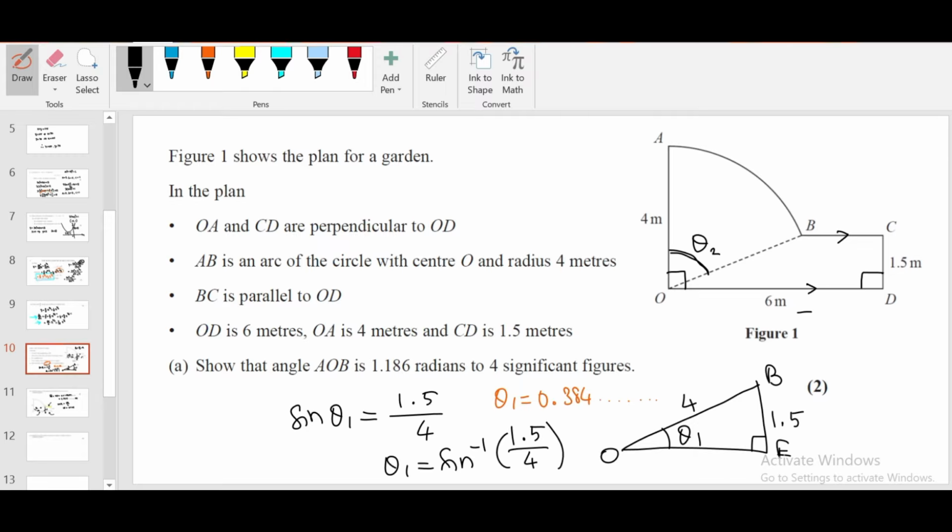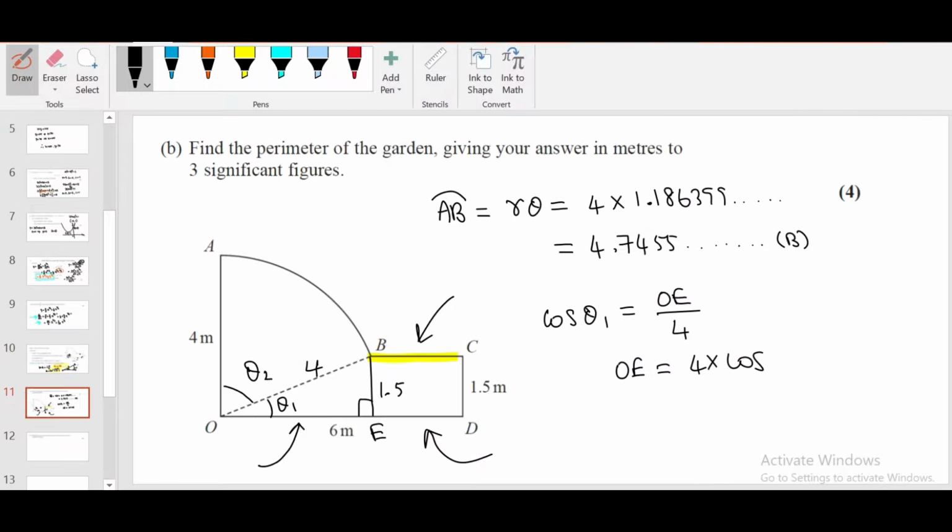In part A we did not store this value in our calculator, so I'm going to use sine inverse of 1.5 by 4.